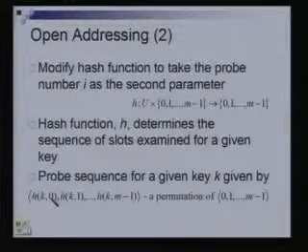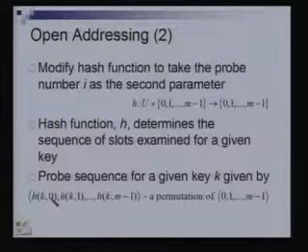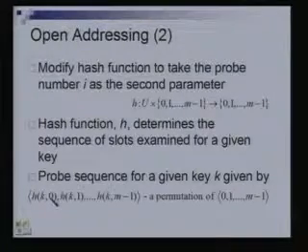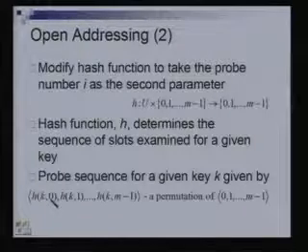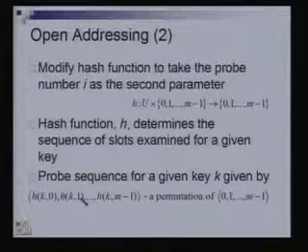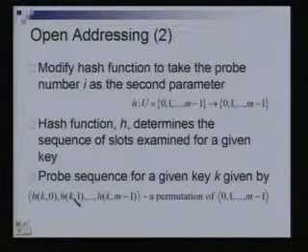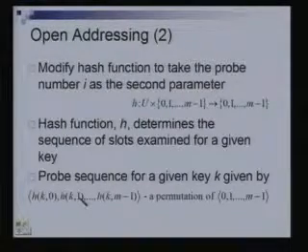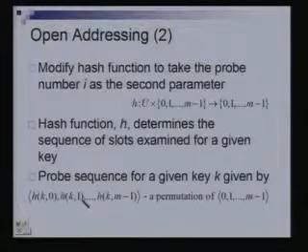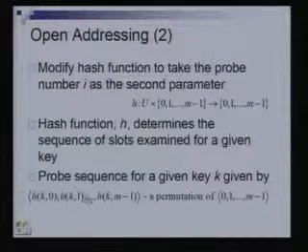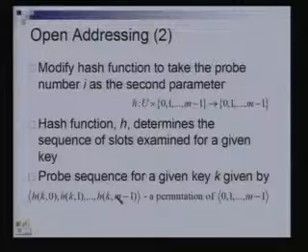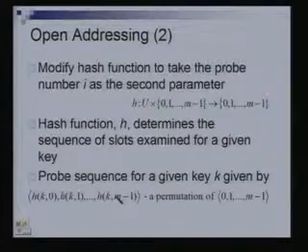If this location is occupied, then I have to look again. And when I look again, the next time I will have a value of 1 as the second parameter. The first parameter is still the key k. So I'll now compute the value of the hash function for k comma 1. And this gives me some other location in the hash table. And so on and on. So I'm going to go to different locations in the hash table till I find an empty location, if the operation was one of insertion.